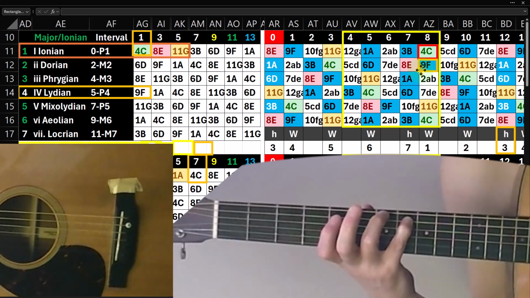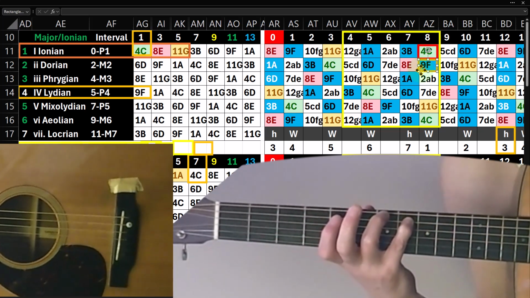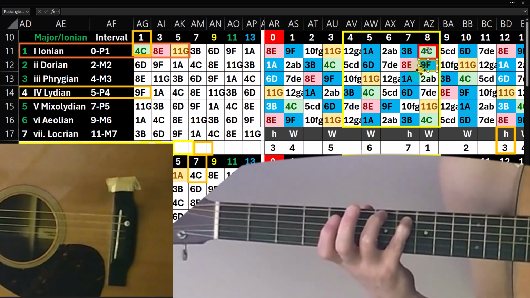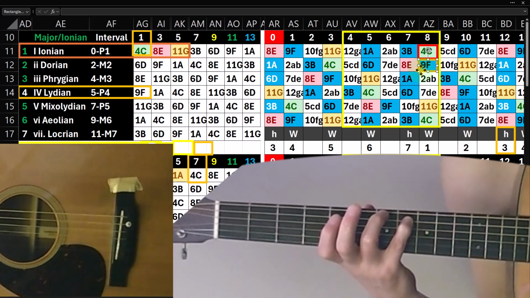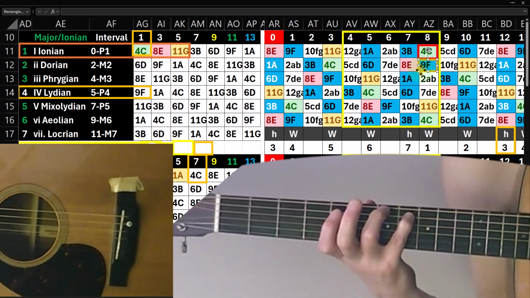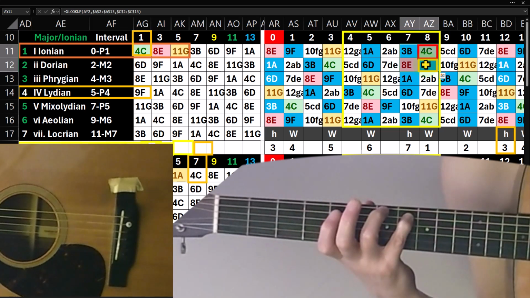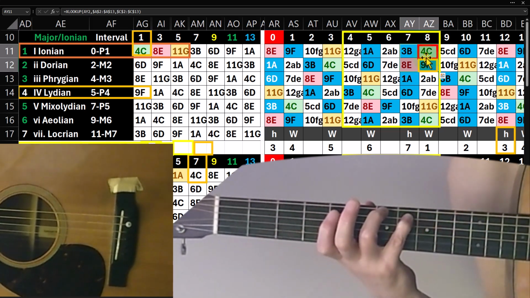So the step from Phrygian to Lydian is always a half step, even if we're looking at it from a different perspective. The Lydian lives on the bottom right side of the house. It's a major mode because it has a major third.